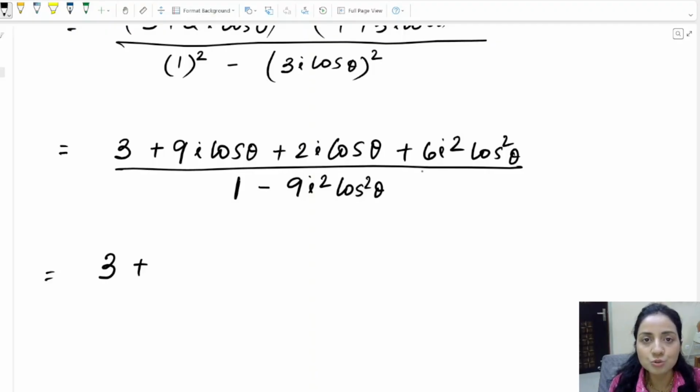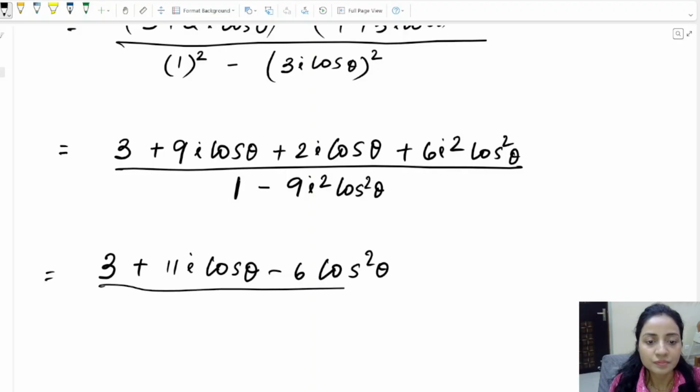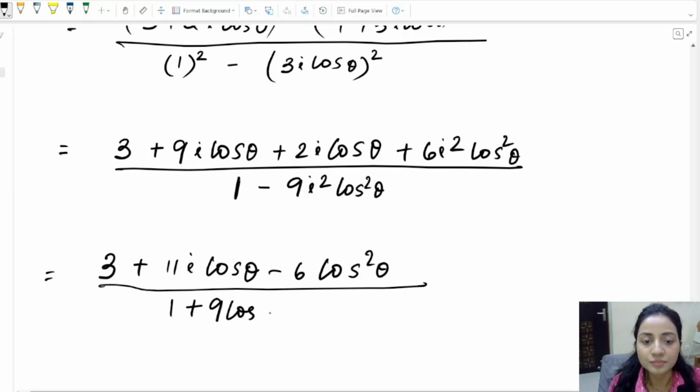We can add these two terms together, both are imaginary parts. So 11i cos theta. This 6 i square, we substitute the value, it will be negative 1, so minus 6 cos square theta. The denominator will be 1 plus 9 cos square theta, again substituting i square as negative 1.